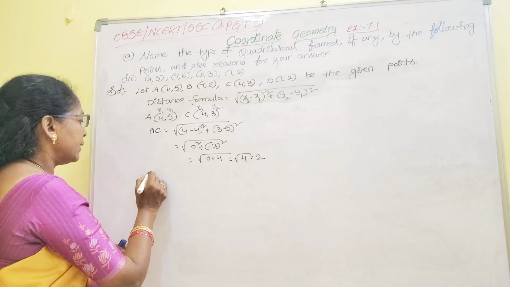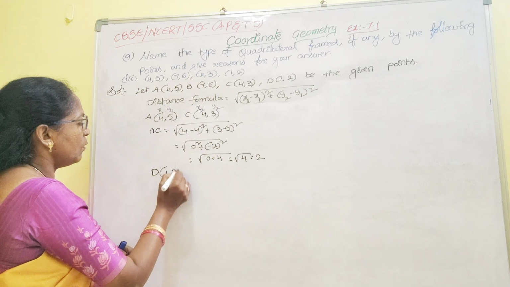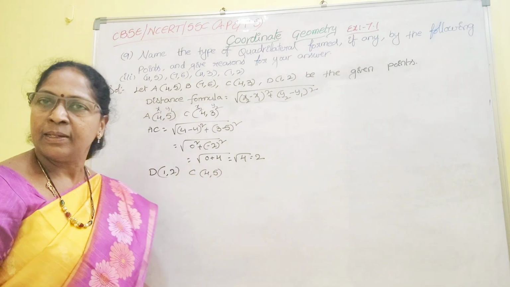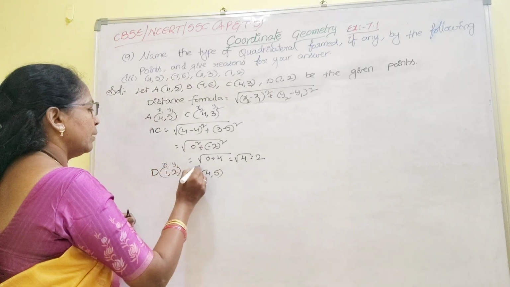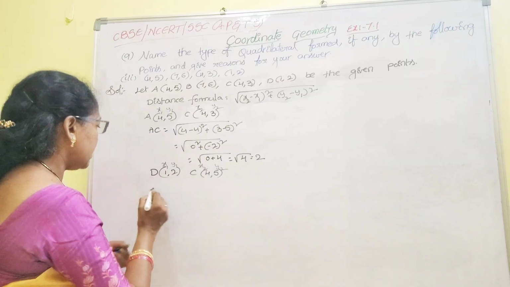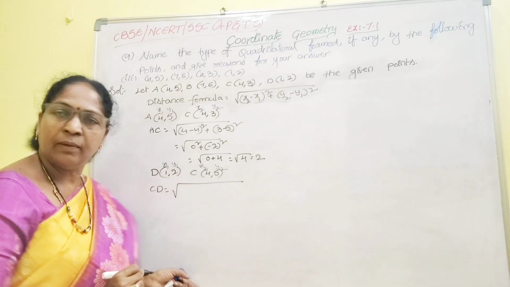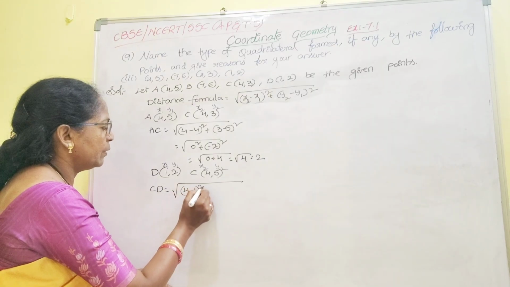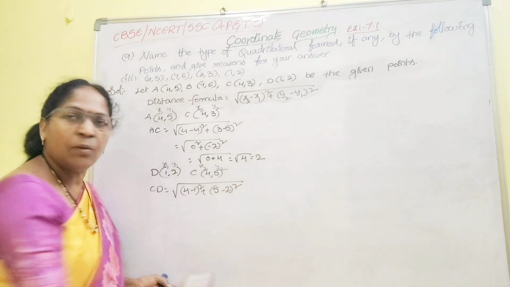Next diagonal is DA. So D point is 1, 2 and A point value is 4, 5. Represent here x1, y1, x2, y2. Now the distance equals square root of (x2 minus x1), that means (4 minus 1) whole square plus (y2 minus y1), which is (5 minus 2) whole square.